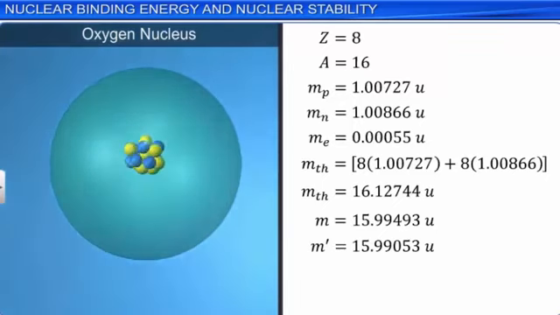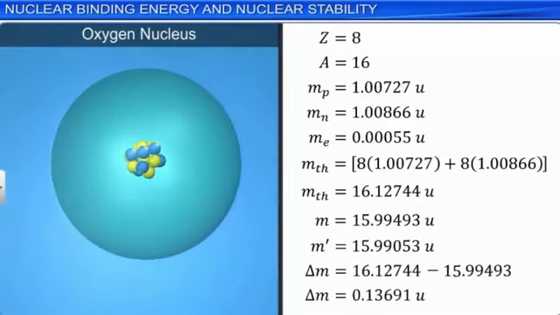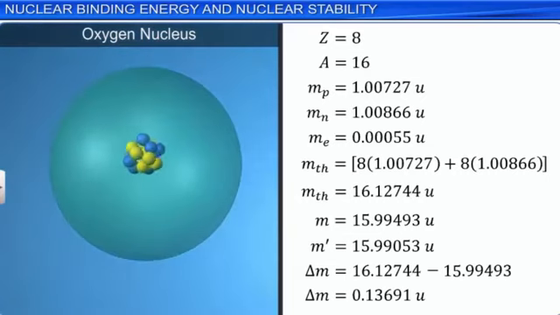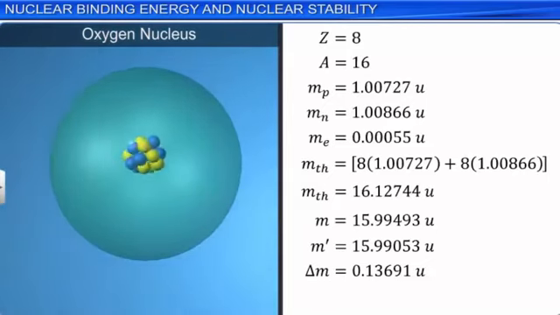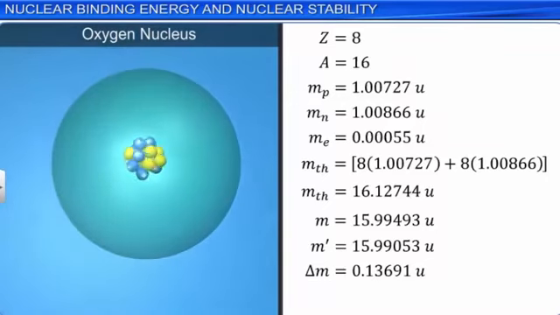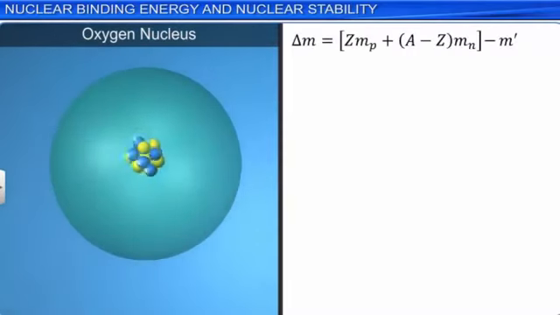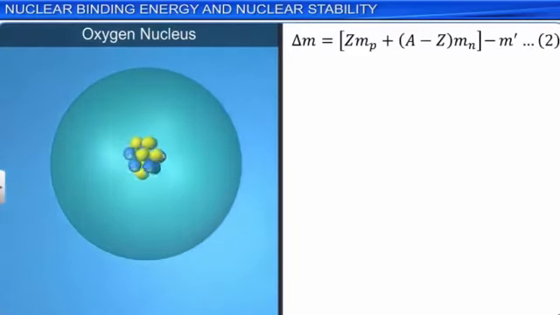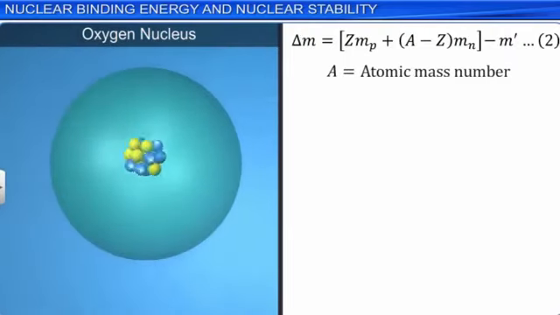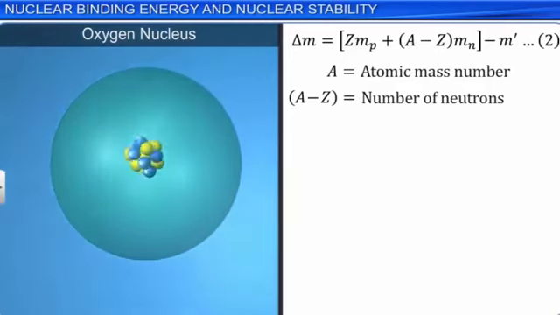This difference is called the mass defect, denoted by delta M. Mass defect delta M for a nucleus can be determined by equation 2 as shown, where Z is the atomic number of the element, A is the mass number, A minus Z denotes the number of neutrons in the nucleus, Mn is the mass of each neutron, Mp is the mass of each proton, and M' denotes the actual mass of the nucleus.